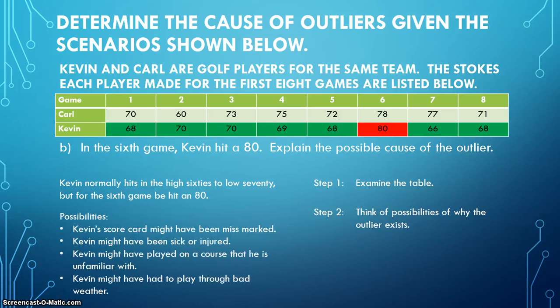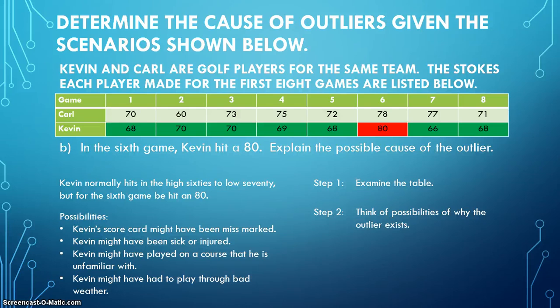So again, Kevin's scorecard might have been mismarked, Kevin might have been sick or injured, Kevin might have played on a course that he is unfamiliar with, or Kevin might have had to play through bad weather, all of which would cause a high score.